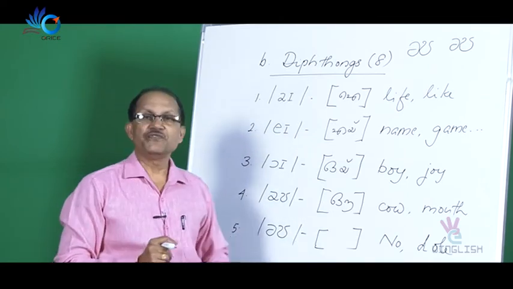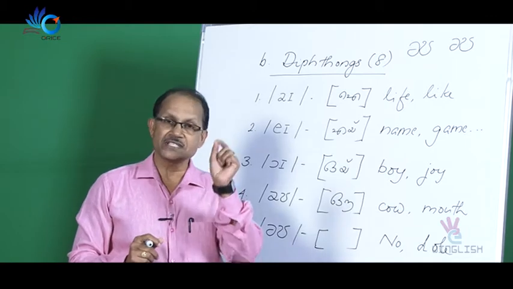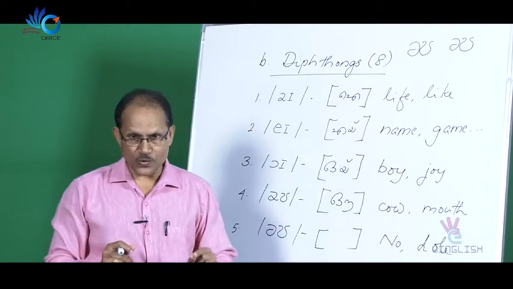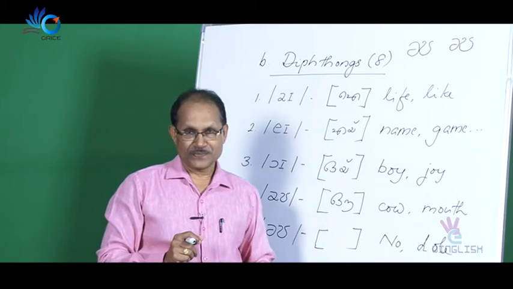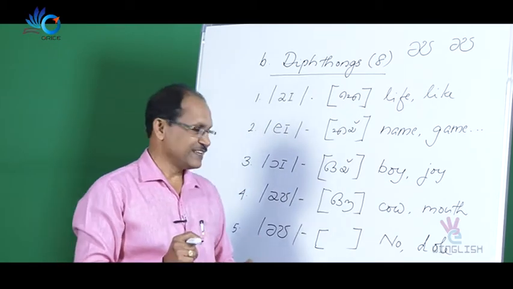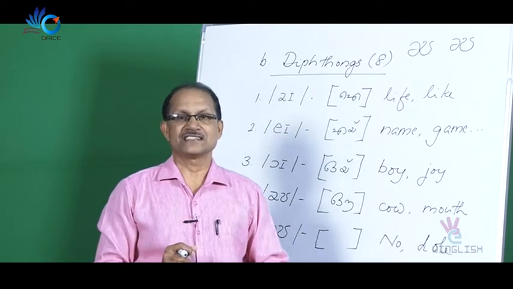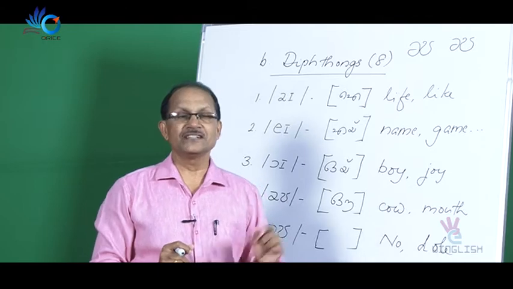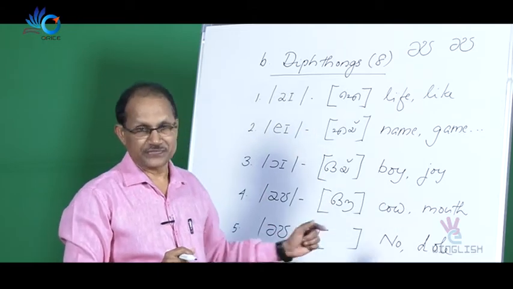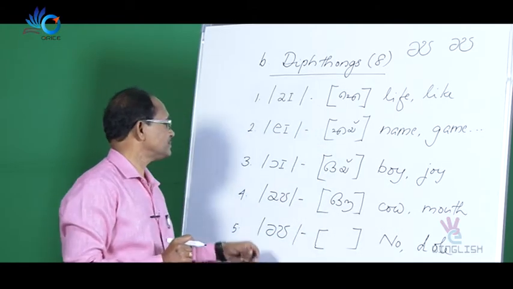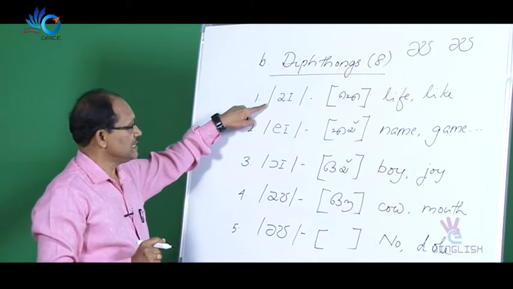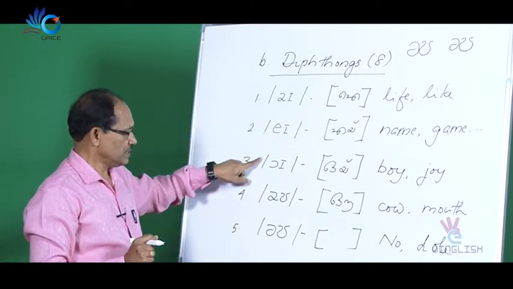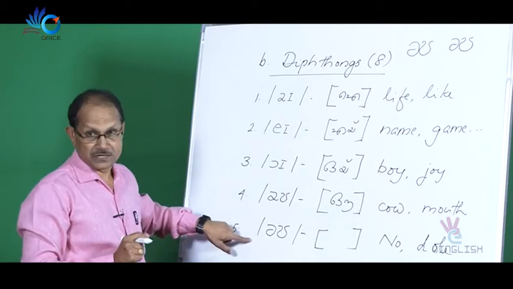Instead of the diphthong, we prefer or we use a long vowel. We say no, not, dole, like that. So, we should take care to use this diphthong, O. So, I, A, Oi, Ow, O.